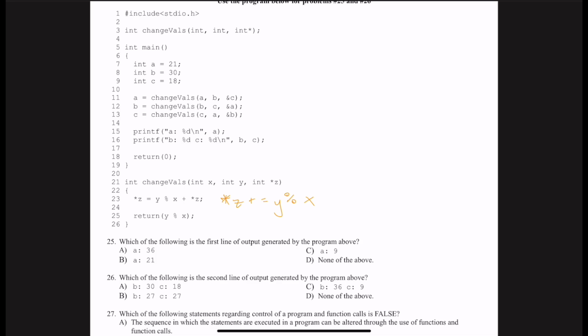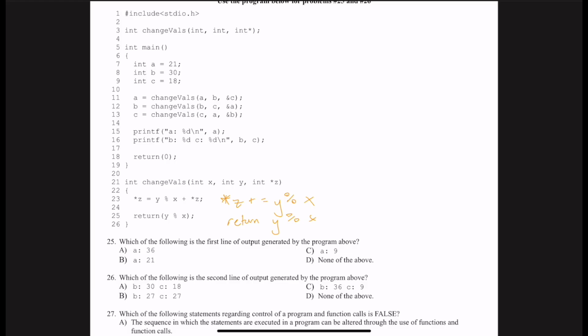And then we're also going to return y mod x. So really, what are we doing? We're looking for the second parameter mod the first. We're going to set the third variable equal to that, and we're also going to return that value.